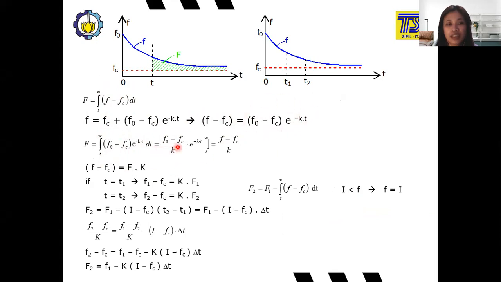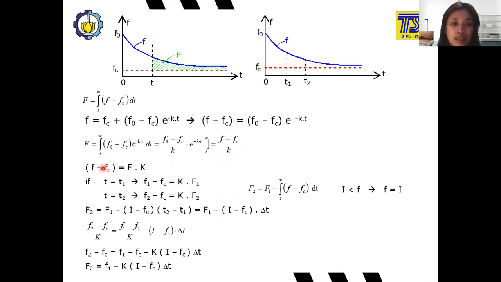After we integrate f minus fc dt, we have the result (f0 minus fc) per k. And this f minus fc per k is equal to big F, the capital F. Then we move k over, and we get f minus fc equal to capital F times k.